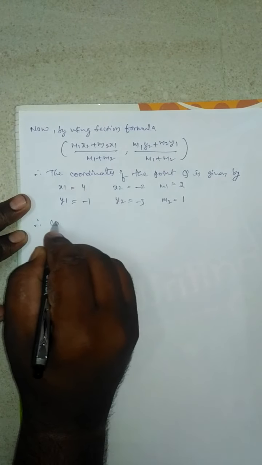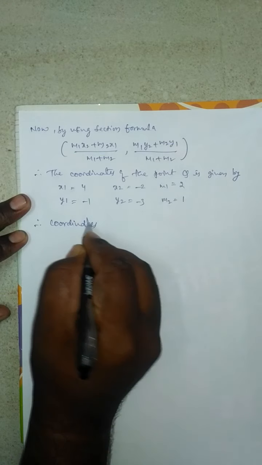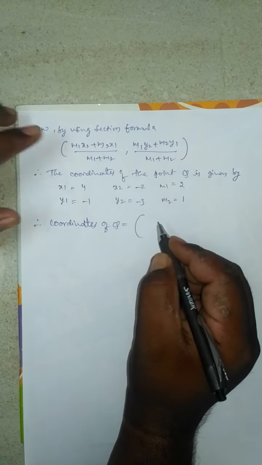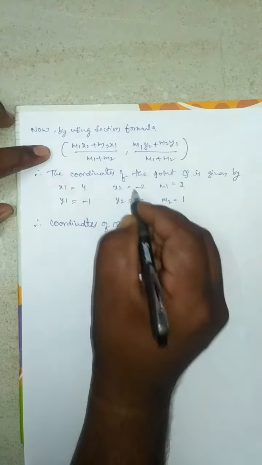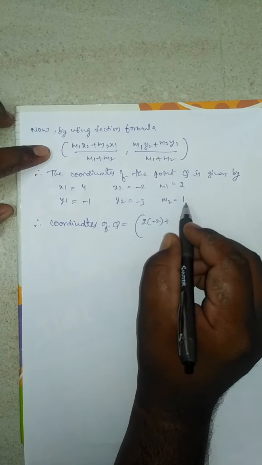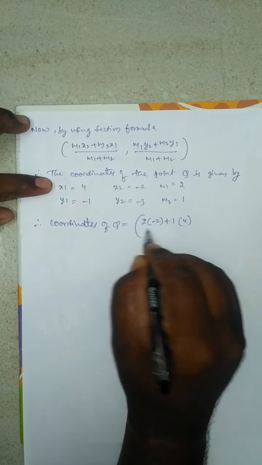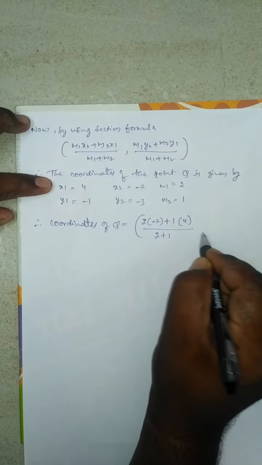Therefore coordinates of Q are equal to m1 is 2 into x2 is minus 2 plus m2 is 1 into x1 is 4, divided by m1 plus m2 which is 2 plus 1.